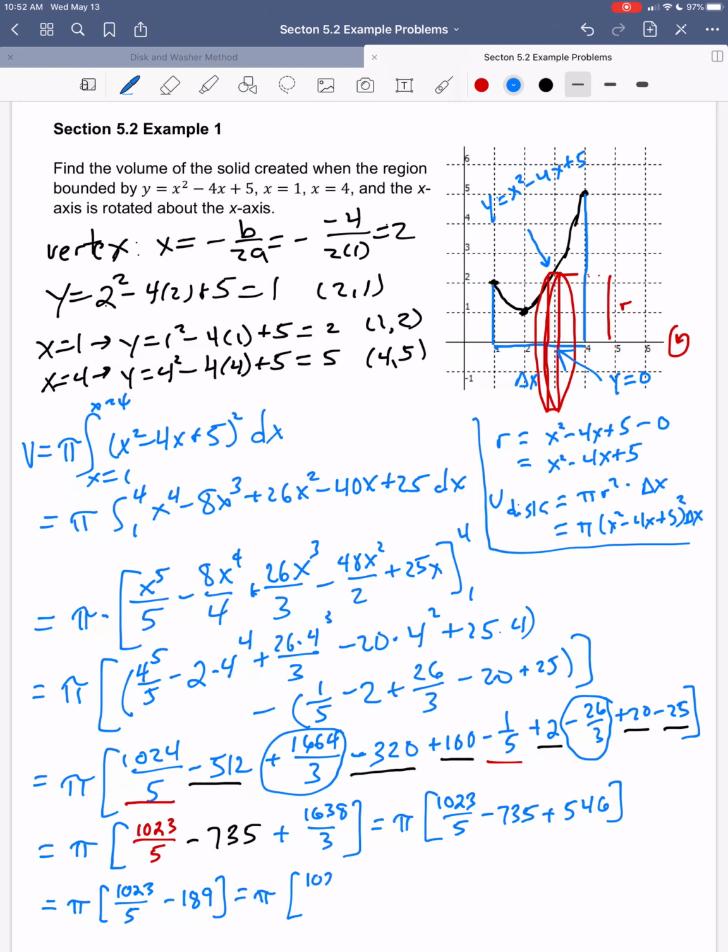So 1023 over 5 minus 945 over 5. Which gives me 78 over 5, and I can just throw the pi in the numerator, and that would be the volume of that solid.